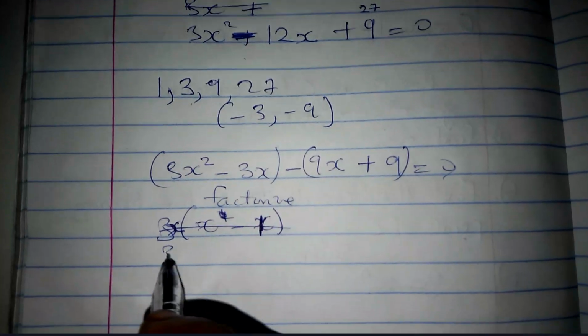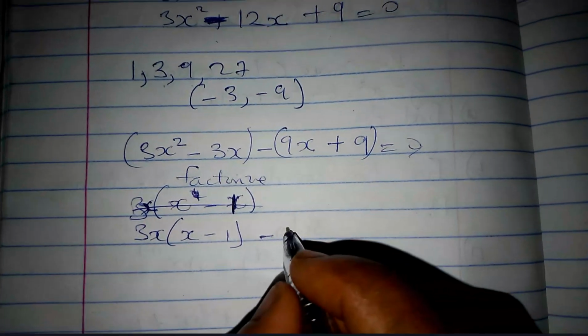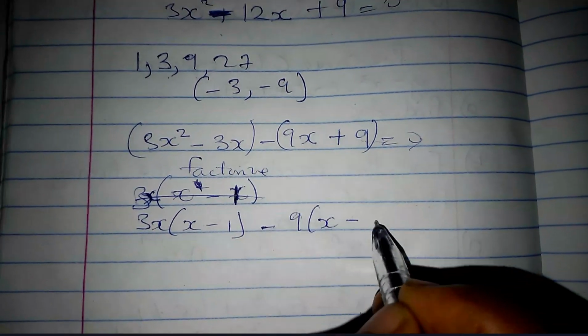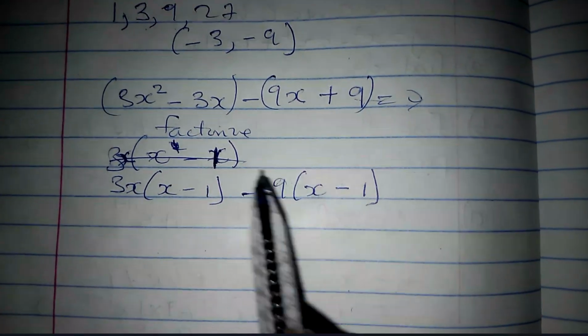Let me rewrite that: 3x, x minus 1 in our bracket. And if we divide the other part by minus 9, we're going to have x minus 1.